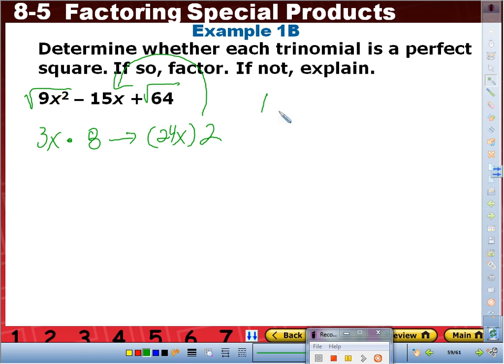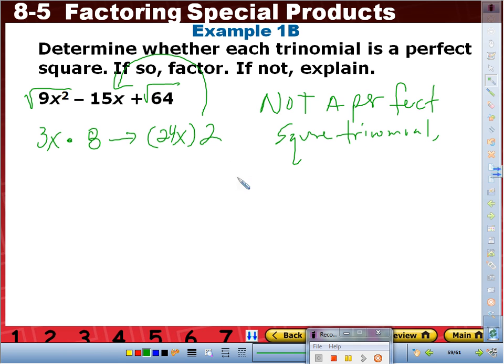No. So this is not a perfect square trinomial, comma, because, why not? Maddie? Because 24x times 2 does not equal the middle term, right?